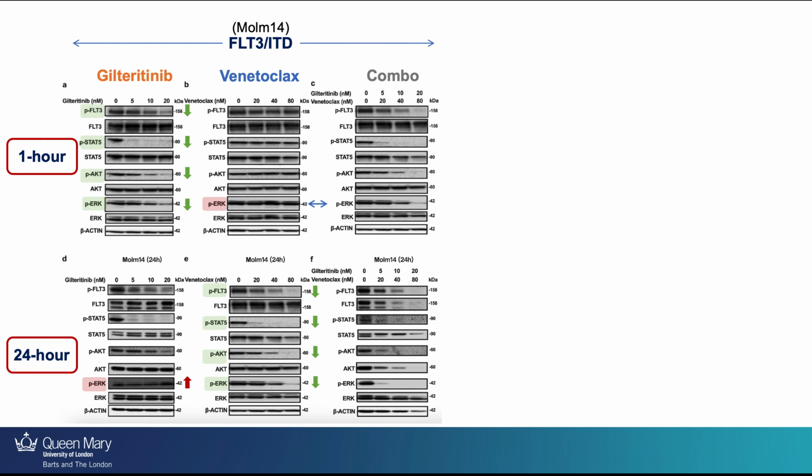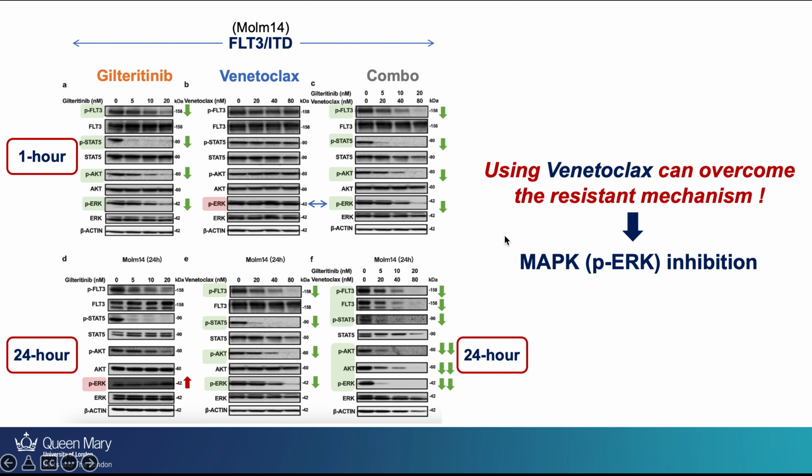Back in this study, gilteritinib alone also showed a similar result at 24 hours for phospho-ERK. Interestingly, venetoclax showed decreased expression in the signaling pathway at 24 hours, including phospho-ERK. Much more interesting was the combination, because in the initial first hour it can dampen the expression of downstream signaling, and at 24 hours it is even more extreme. This experiment shows that venetoclax can overcome the resistance mechanism by inhibiting MAP kinase.